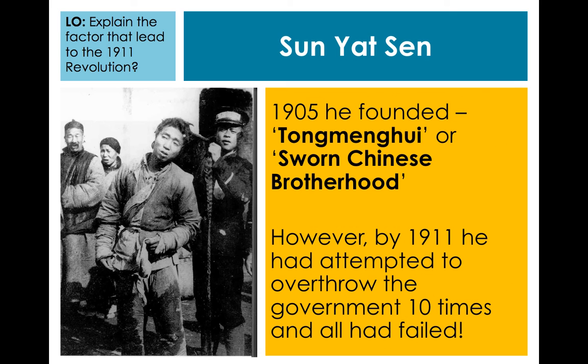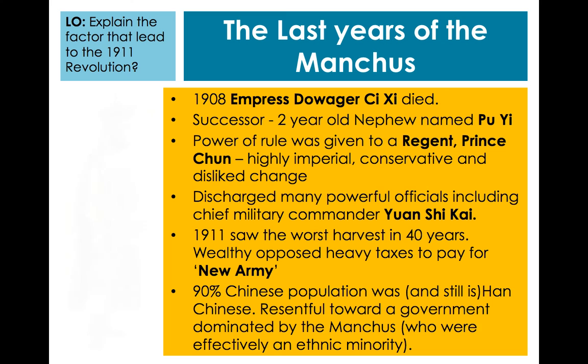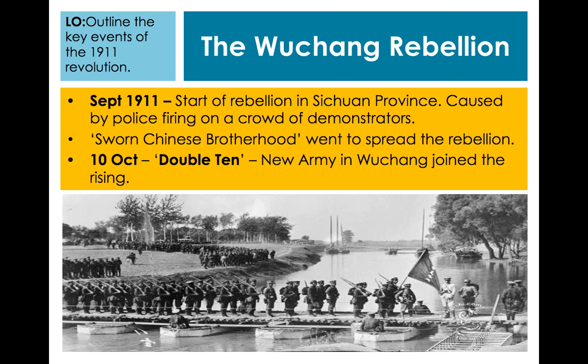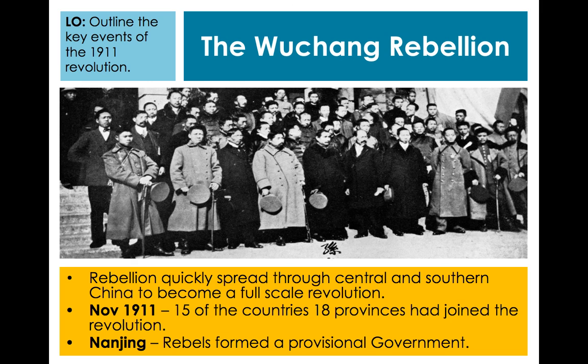So find out a little bit more about Sun Yat-sen and the 1911 revolution. Okay, it's important you know about that, but it's important you understand the last few days and the last few years of the dynastic rule. Okay, so please go through the PowerPoint and make notes on that.